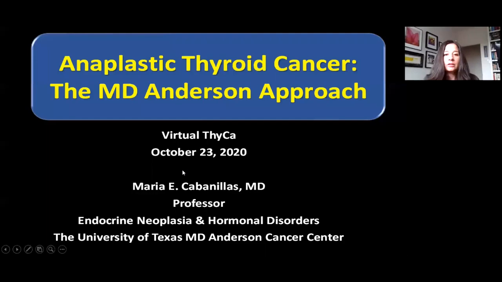So my clinical and research interest is in the advanced thyroid cancers. One of my areas of expertise is anaplastic thyroid cancer. We have a group at MD Anderson called FAST, facilitating anaplastic specialized therapies.